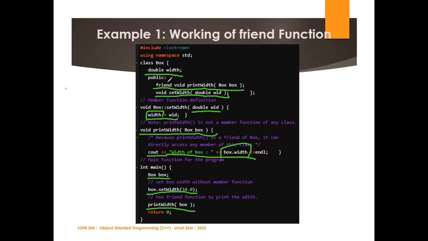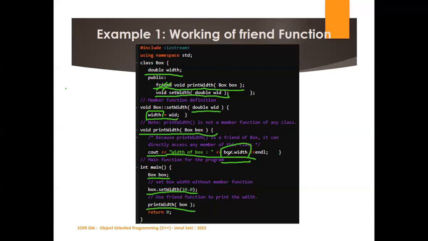For example, if I erase the friend keyword here, this statement will give an error, because if it is not a friend function, you can't do it.